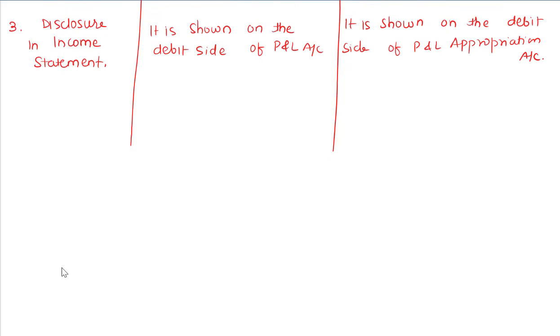Fourth, point number 4, disclosure in balance sheet.